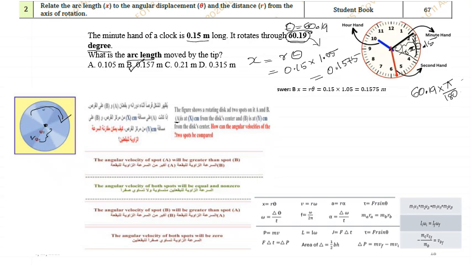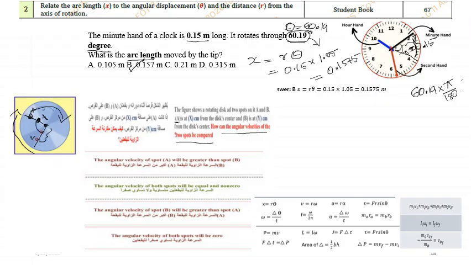From the disk center, how can the angular velocities of these two spots be compared? You need to compare the angular velocity. Think of it: if this disk rotates through this angle, point Y will reach over here and point X will reach over here. What is to be noted?